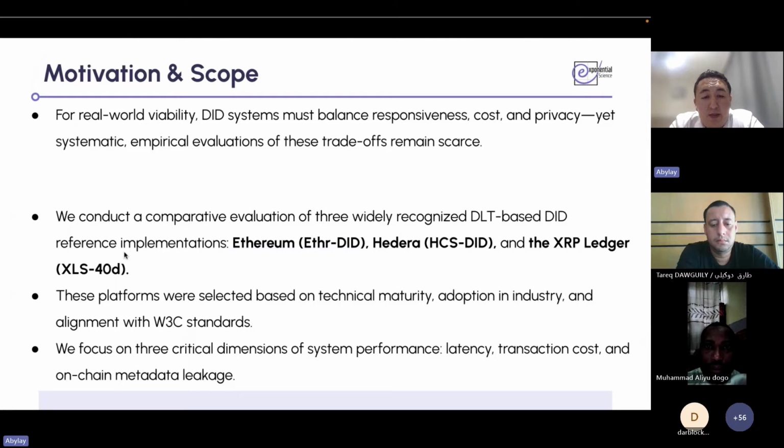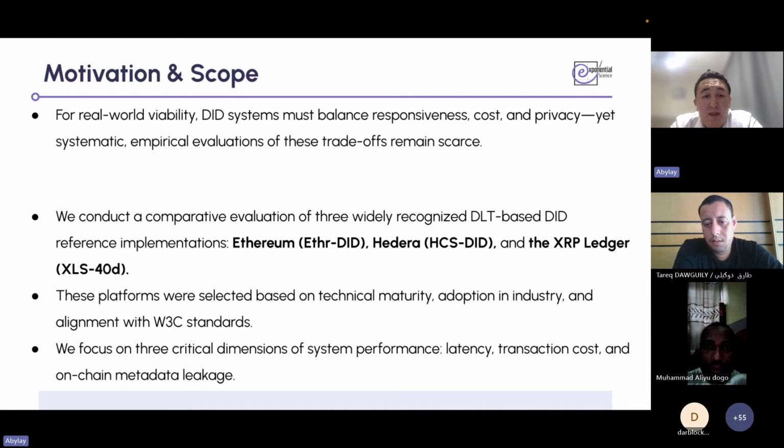We focus on three critical dimensions of system performance: latency, transaction cost, and on-chain metadata leakage, like privacy. We believe that for real-world viability, DID systems must balance scalability, cost, and privacy. But there is not much work on this front in the literature; systematic and empirical evaluation of these trade-offs remains scarce. So we have conducted a comparative evaluation of three widely recognized DLT-based DID reference implementations.